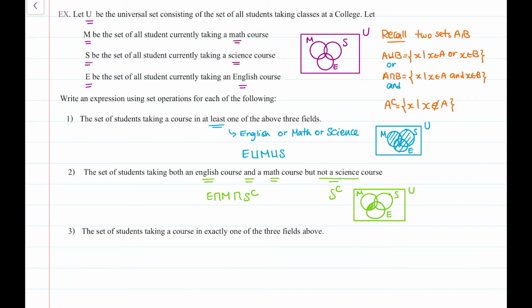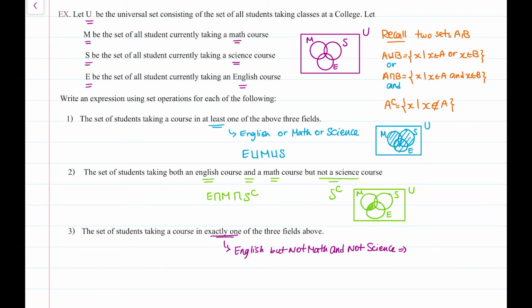Great. And the last one, the set of students taking a course in exactly one of the three courses above. Okay, exactly one means what? It means that they're taking English, but not math, and not science.